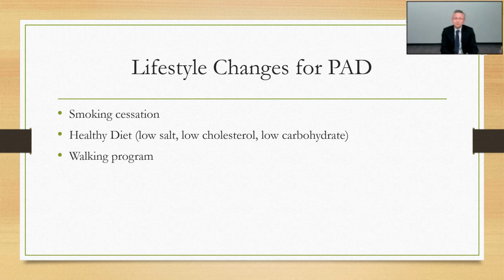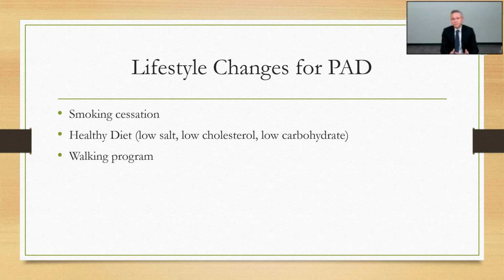Besides smoking cessation, we also recommend a healthier diet with low salt, low cholesterol, low carbohydrate content, mainly to address risk factors like blood pressure, high cholesterol, and diabetes. And the third item is very important: walking program. This is very beneficial for people with moderately severe restriction in the blood supply to the leg that causes them pain when they ambulate.